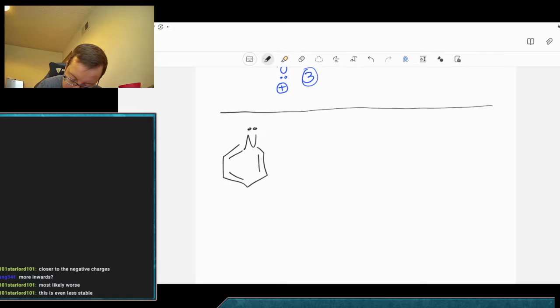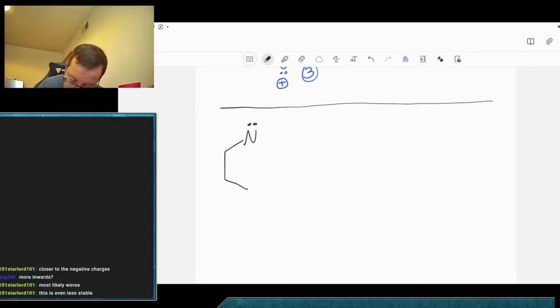There we go. This molecule, by the way, is called pyridine.